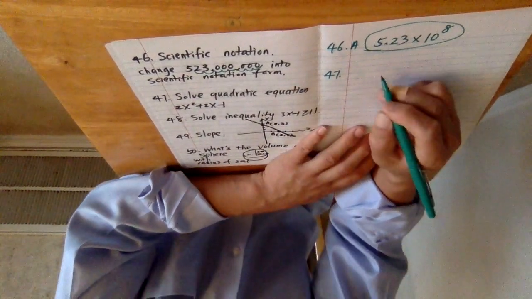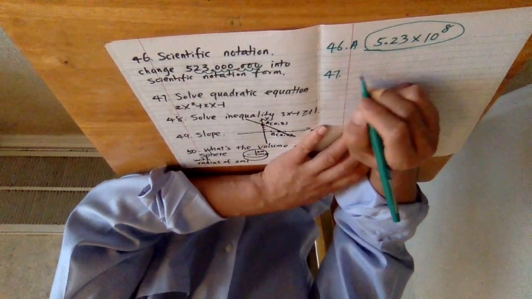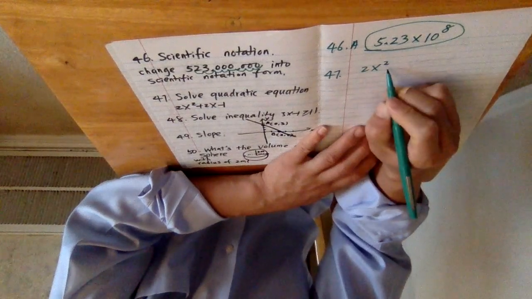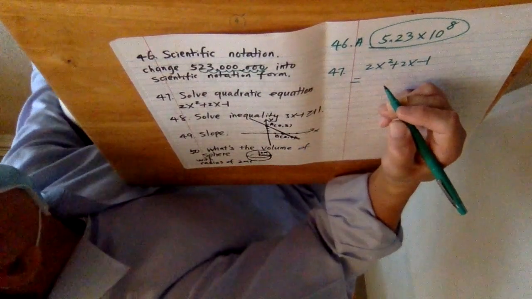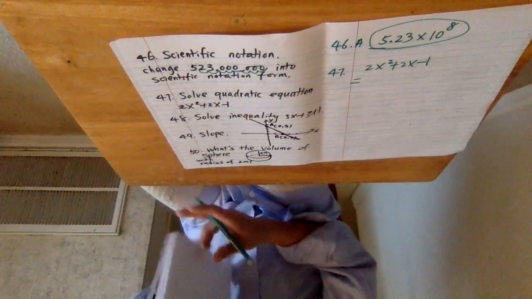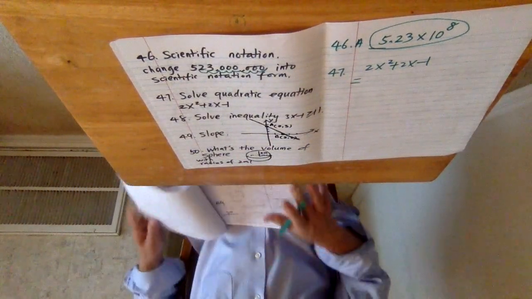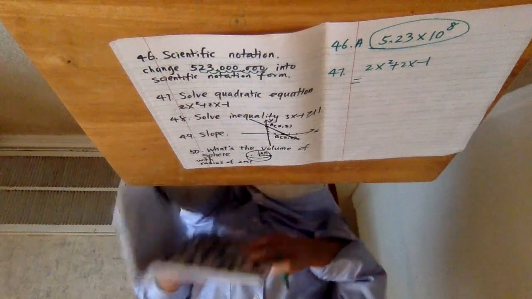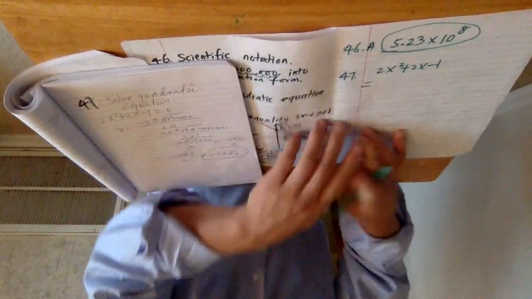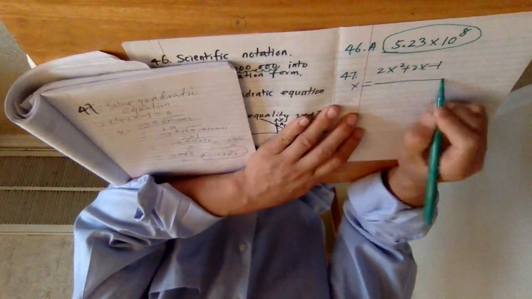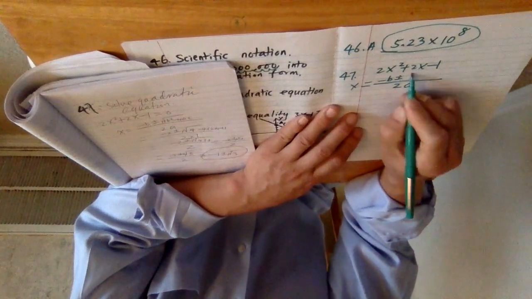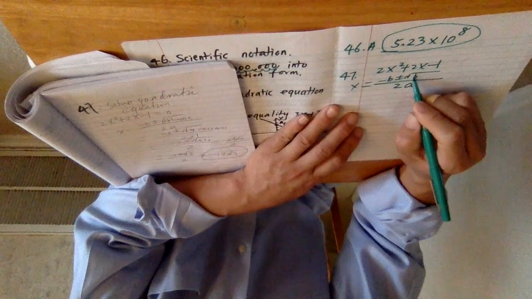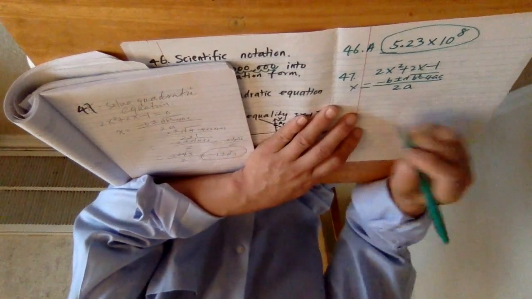Number 47. Solving a quadratic equation: 2x squared plus 2x minus 1. Make sure you know the quadratic formula. x equals negative b plus or minus the square root of b squared minus 4ac, all over 2a.